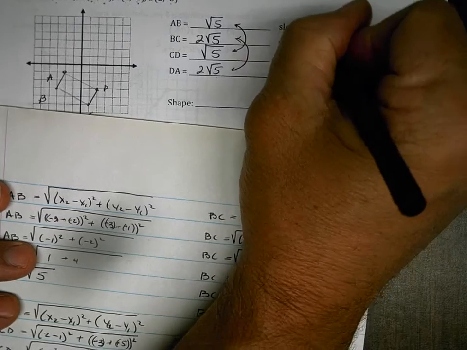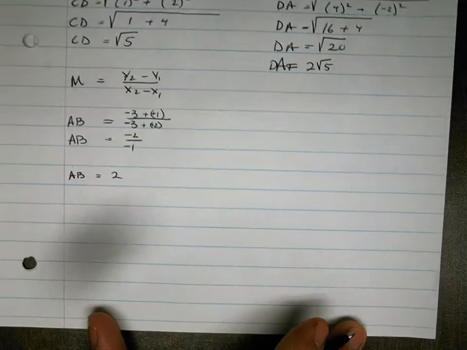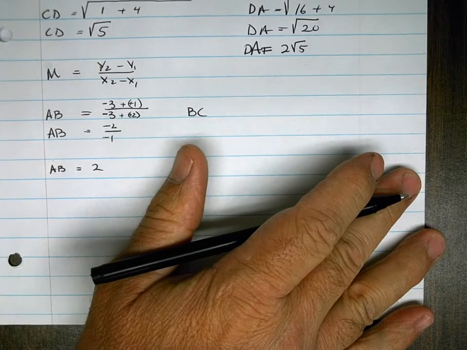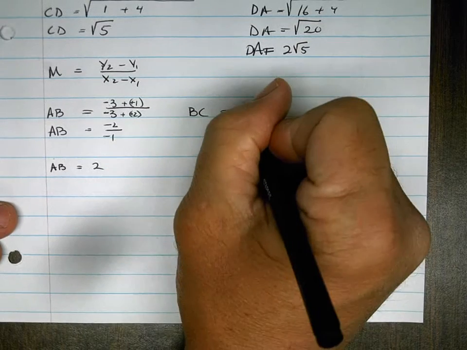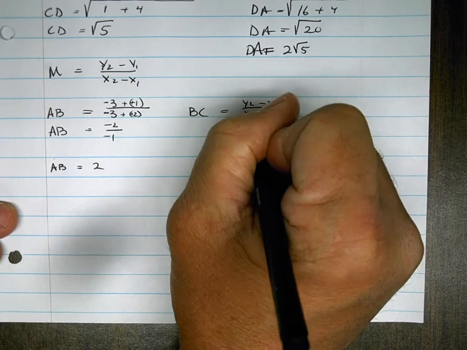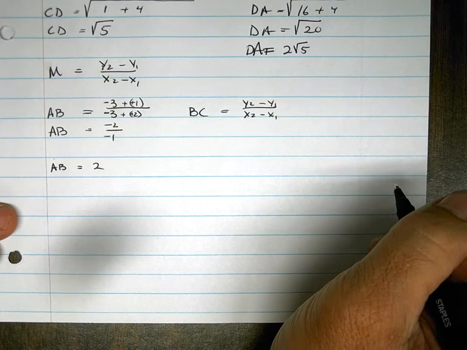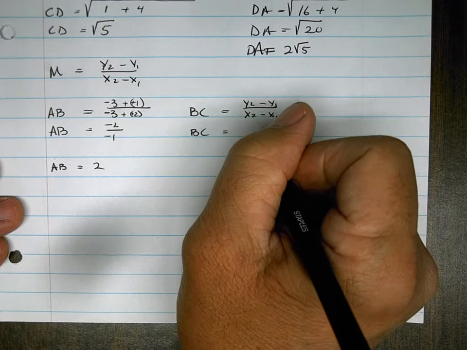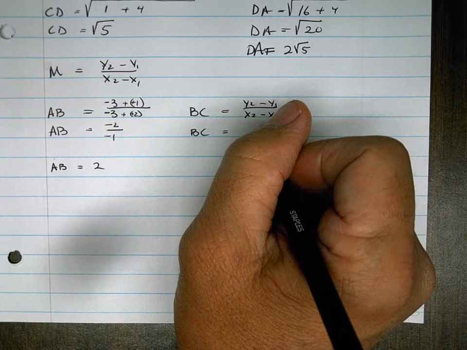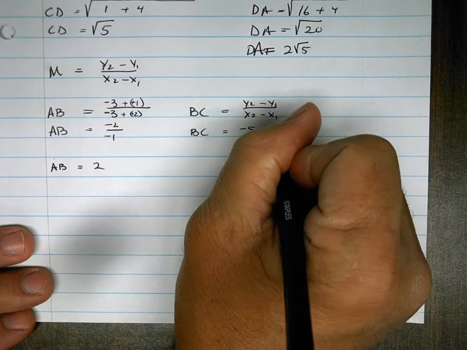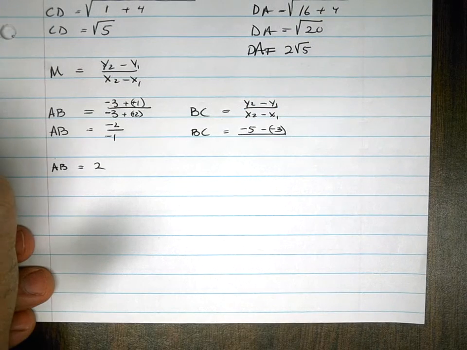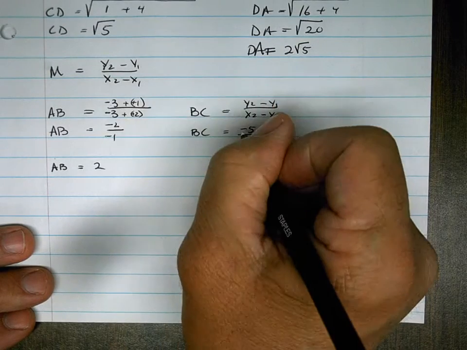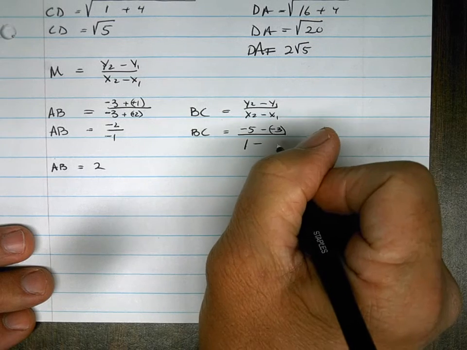Let's go on to BC now. Find the slope of BC, which is, remember, y2 minus y1 over x2 minus x1, which for BC is negative 5 minus negative 3 over 1 minus negative 3.